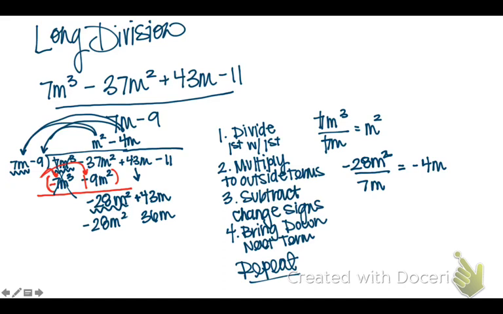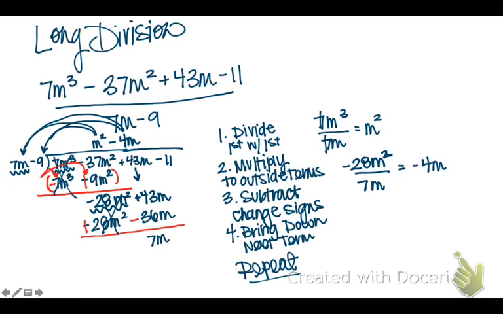Then we're going to subtract, which when you subtract, you can really just change these signs. So this becomes a plus sign, that becomes a minus sign. Negative 28m squared plus 28m squared is gone. 43m minus 36m is 7m.